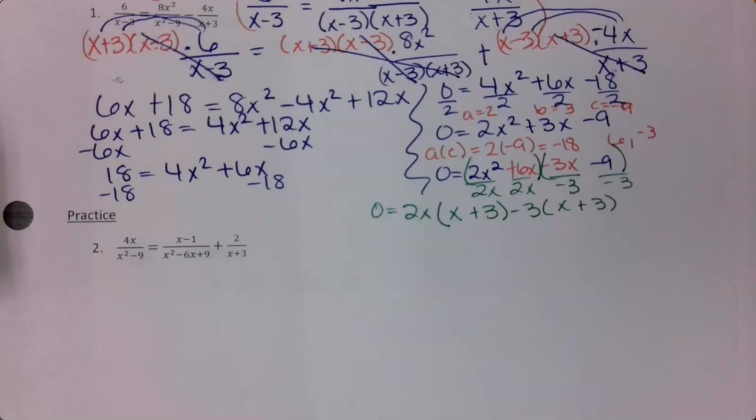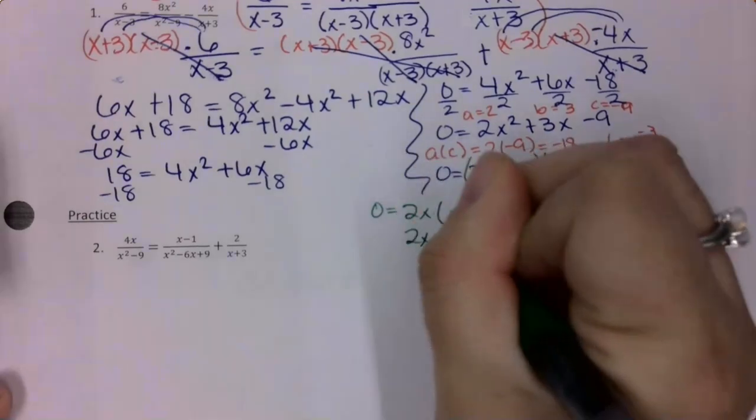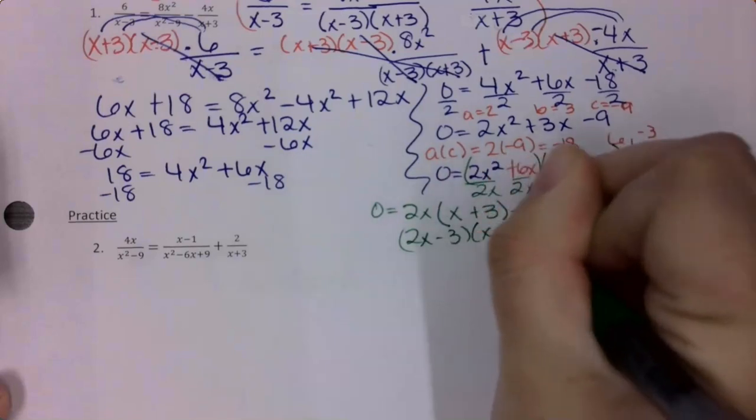Then I want to go ahead and combine them. So I'm going to have 2x minus 3 and then x plus 3.